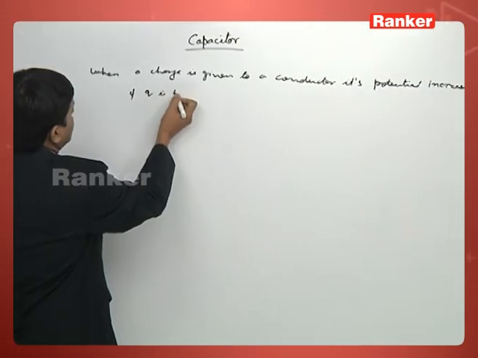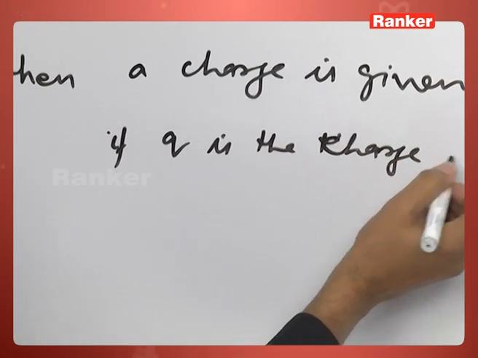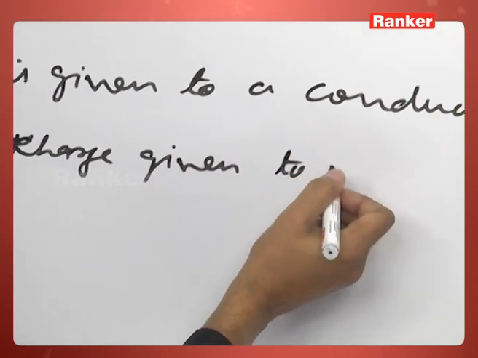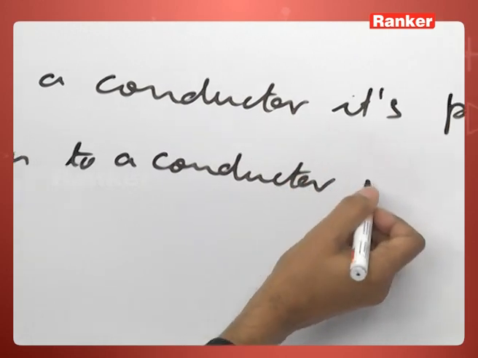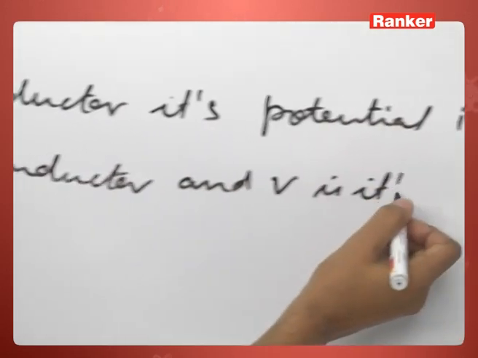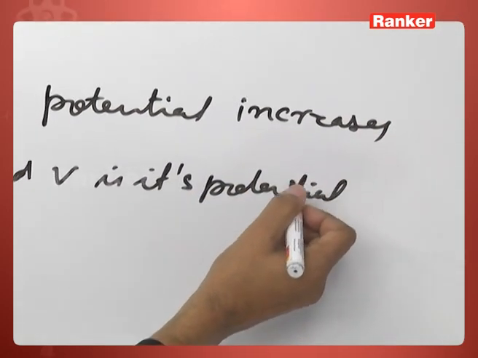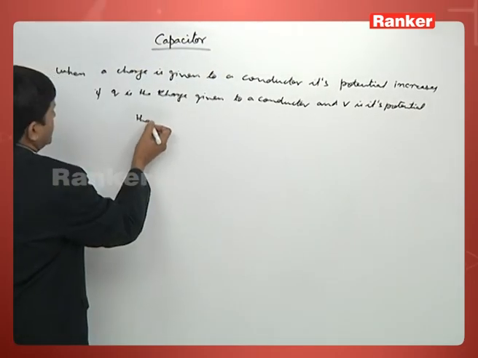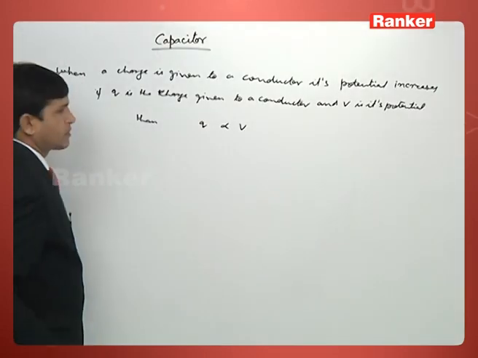Q is the charge given to a conductor and V is its potential, then Q is proportional to V.